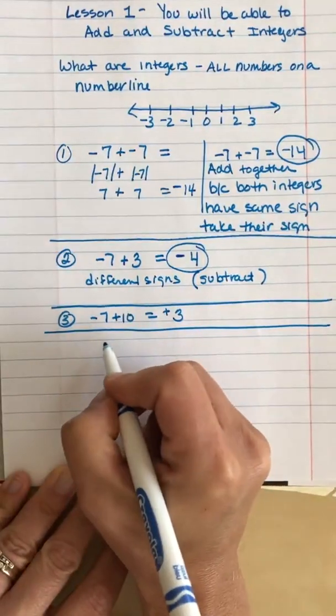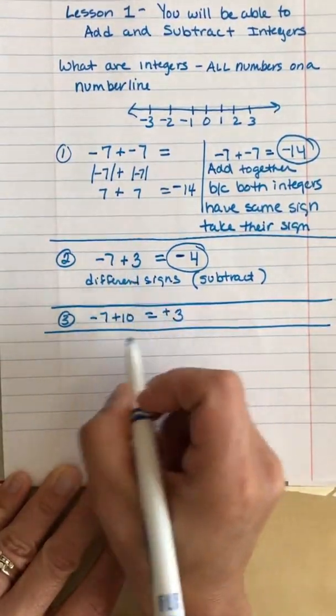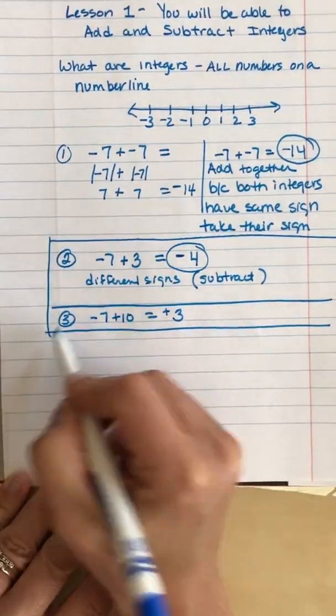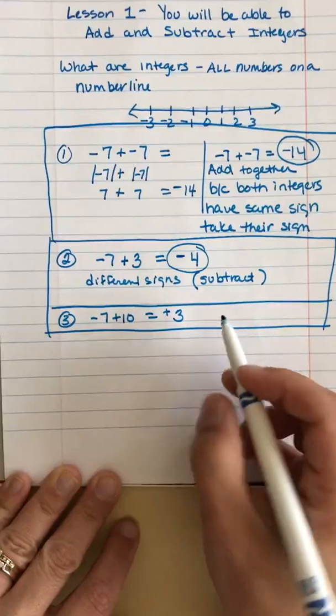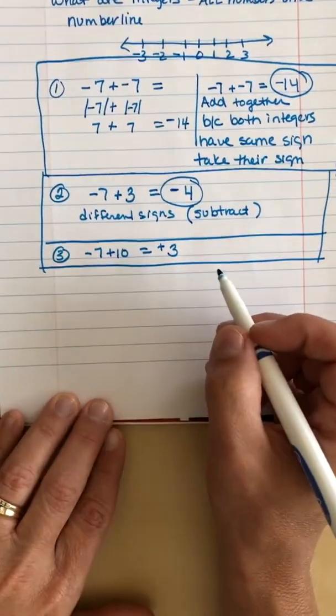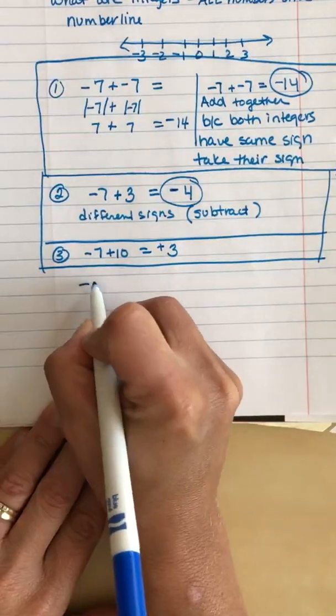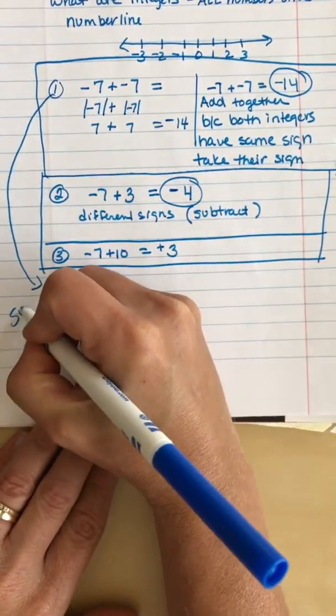Okay, now we're going to go over what if we had a subtraction sign between these. So we've got the first ones we're adding. We use the addition sign. Now we are going to be subtracting. So if I take -7, I'm just going to use the same one here, only I'm subtracting.